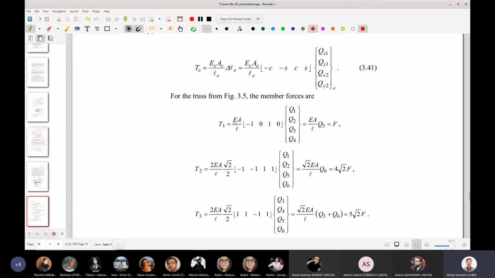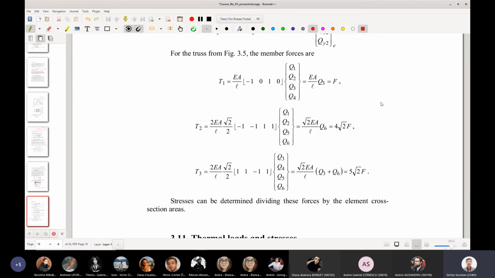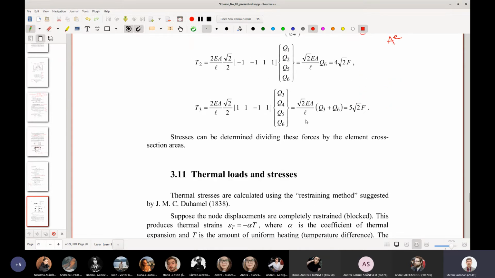And if you know the internal forces, you can also obtain the stresses. Please remember that the stress in a member is T divided by A. For a particular element, we must take the internal stress for this bar and the cross-section area for this bar. So it's just some matrix multiplication, or in this particular case, a row vector times a column vector gives us a scalar here.